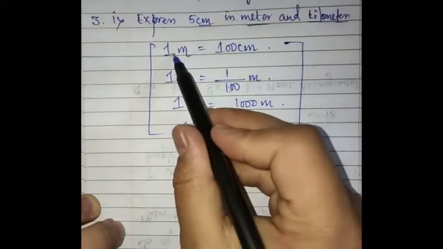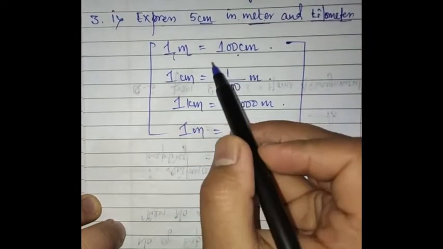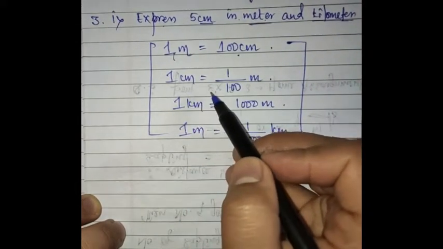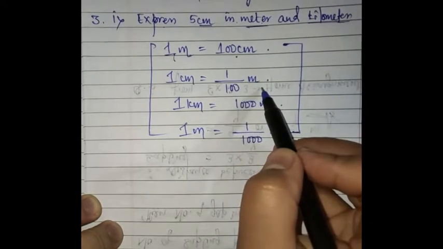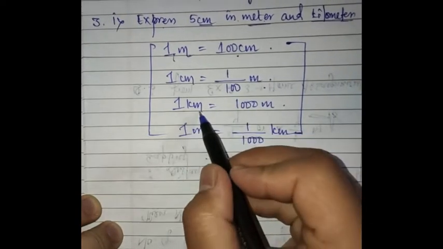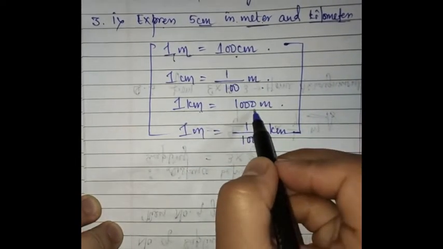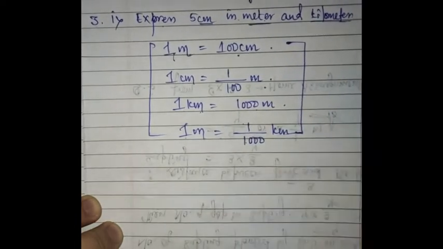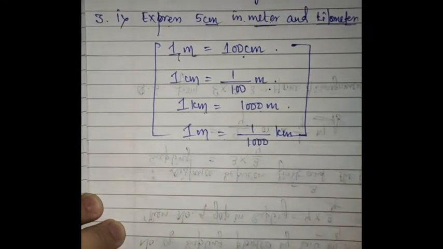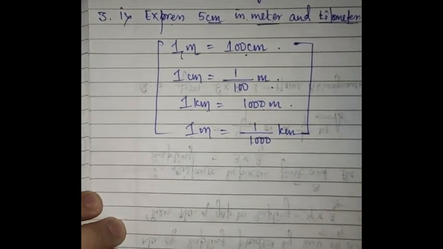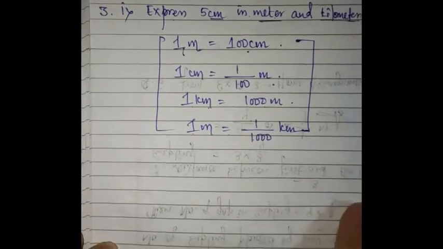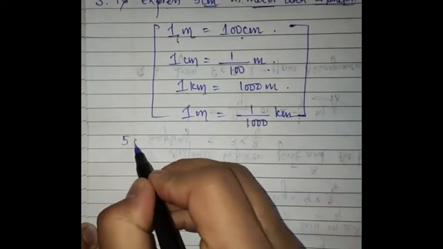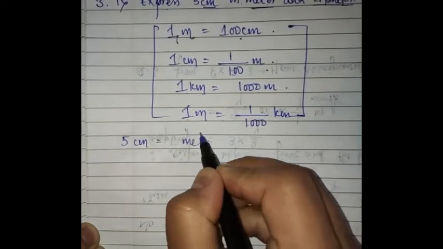Alright, 1 meter equals 100 centimeter. 1 centimeter is equal to 1 by 100 meter. 1 kilometer is equal to 1000 meter, and 1 meter equals 1 by 1000 kilometer. If you have this idea, then you can easily solve this question. So let us start solving. You have to convert 5 centimeter first into meter.